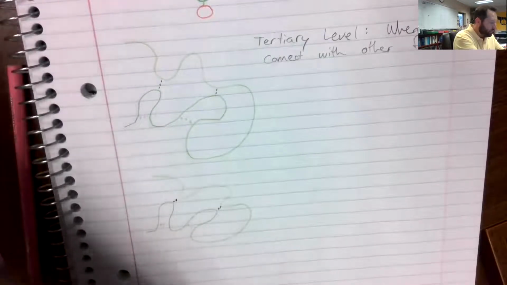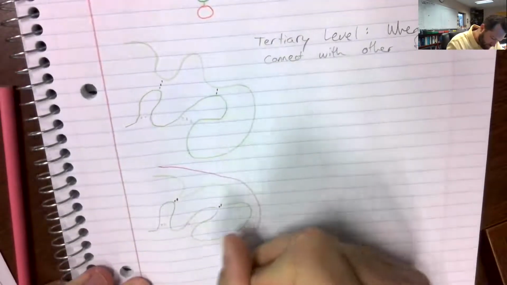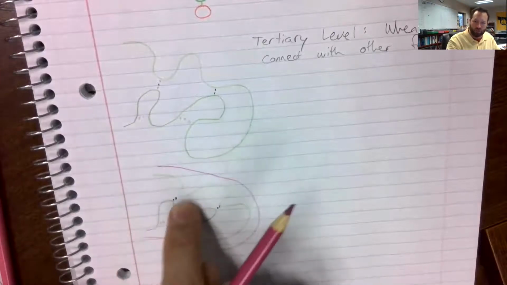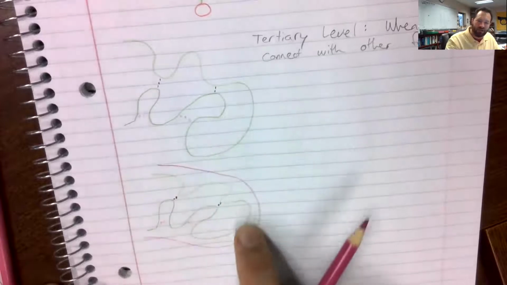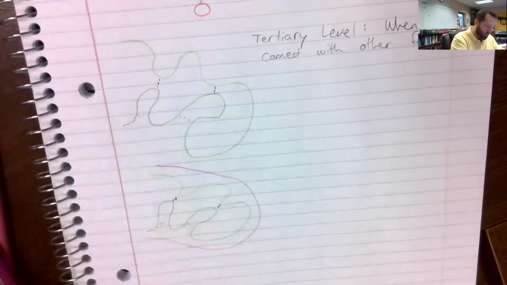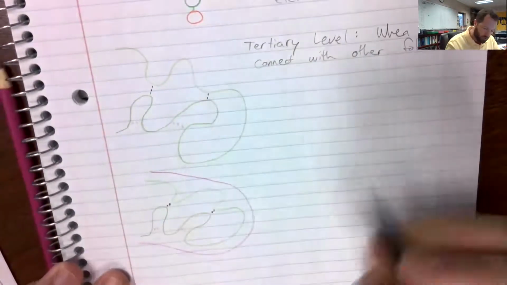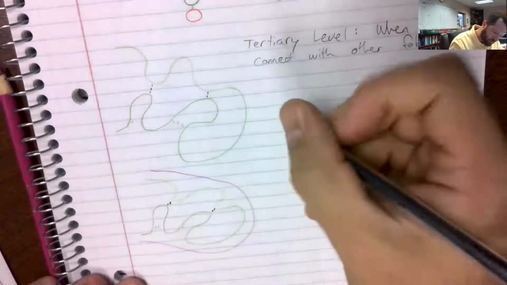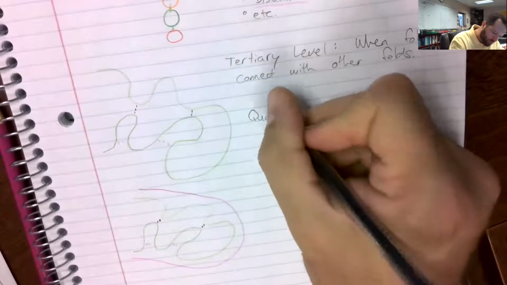And now we're going to add another entire amino acid chain. The green represents one polypeptide, and the pink represents another polypeptide. Now, this doesn't always happen. Sometimes proteins are done here. They only go to the tertiary level, but there are other proteins that go to the quaternary level. That's the fourth level.